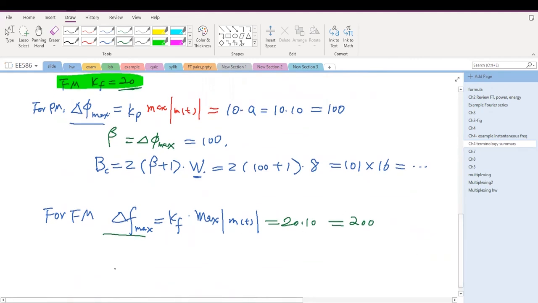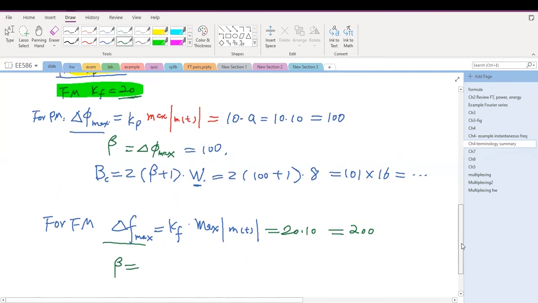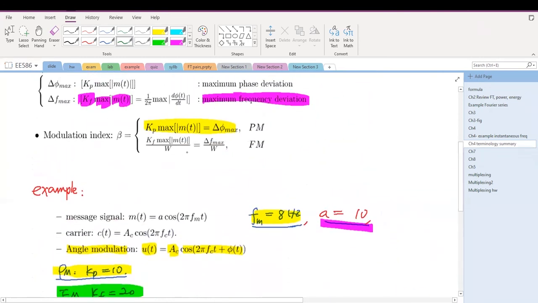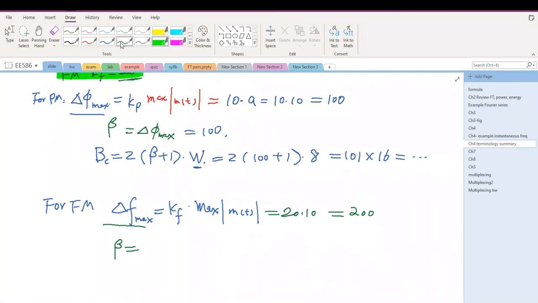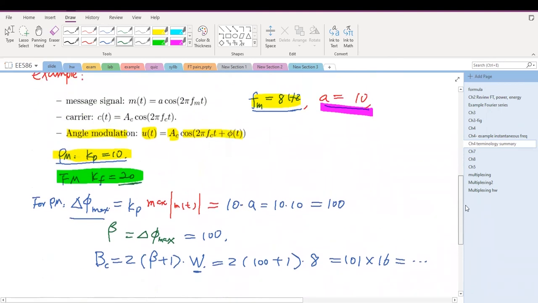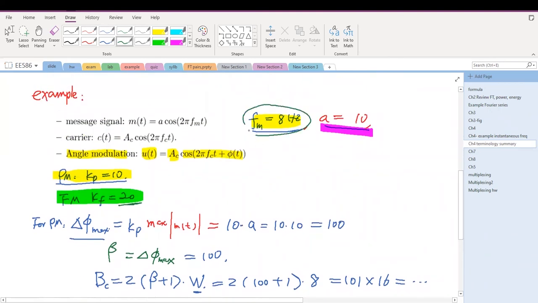Now, what is the modulation index? The modulation index for FM equals the maximum frequency deviation divided by the bandwidth of the message. So that will be delta f max divided by W, which is 200 divided by 8, where 8 is the bandwidth of the message.